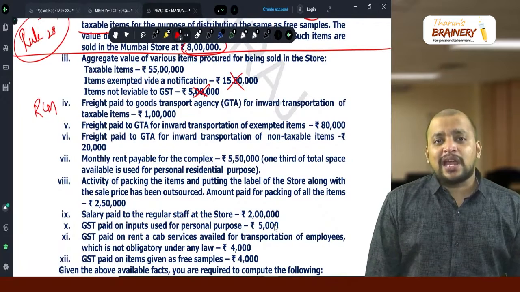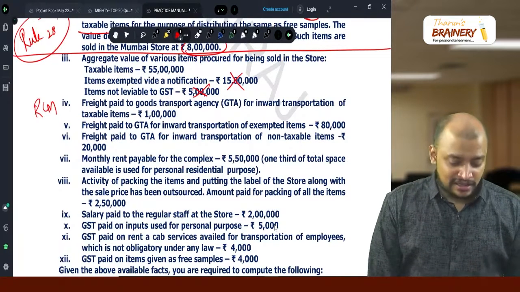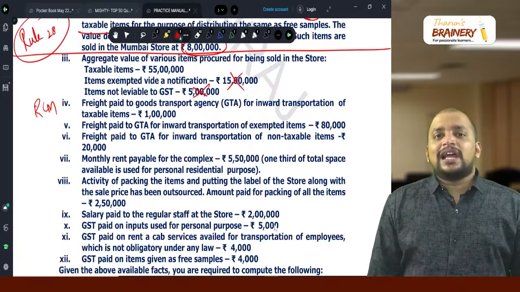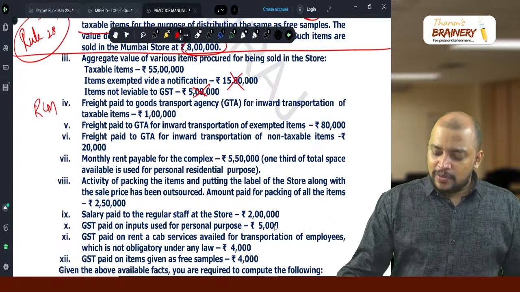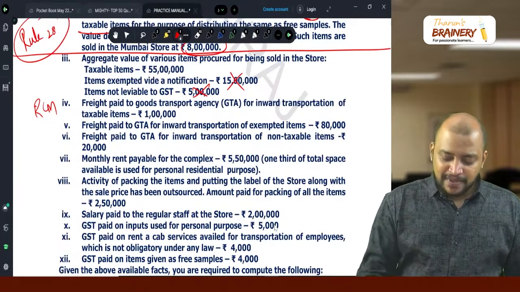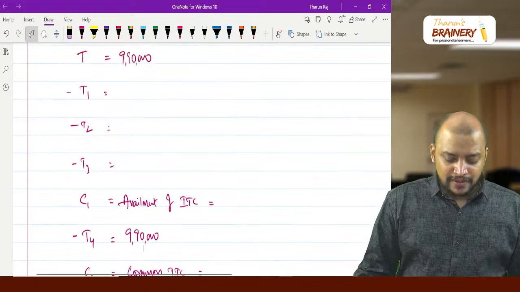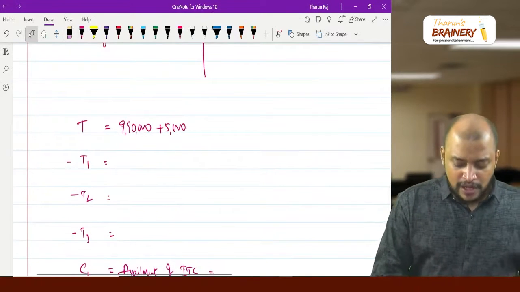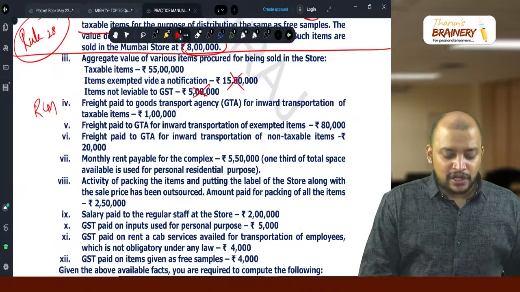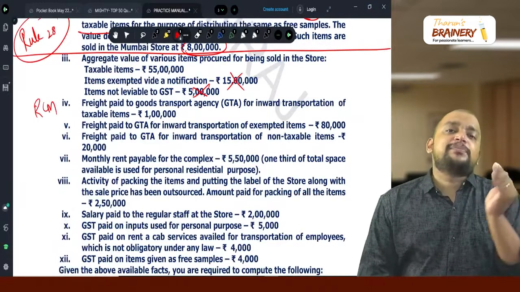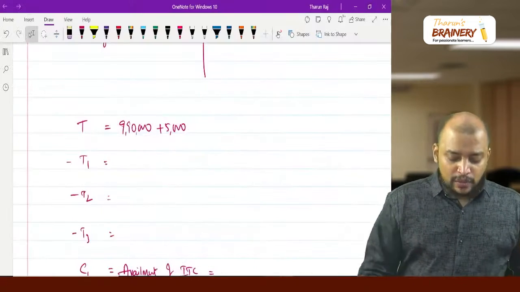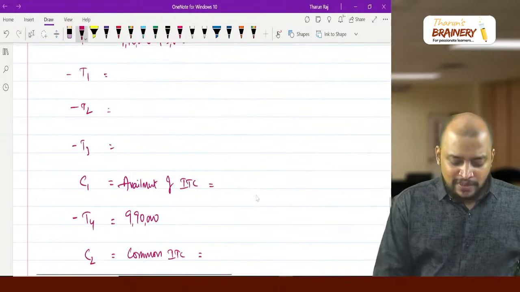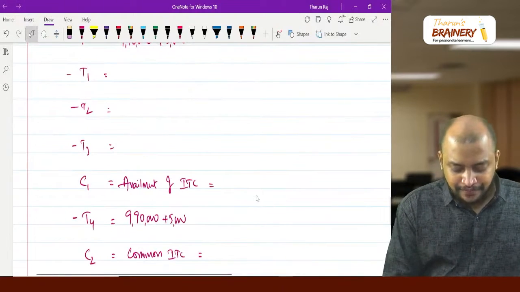If GTA is paying, the rate of GST will be 12%. Now on this 1 lakh, how much GST paid? 5%, that is 5,000. And it is used for transportation of taxable items, meaning that inward supply is used for taxable outward supply. So it will be coming in T4.